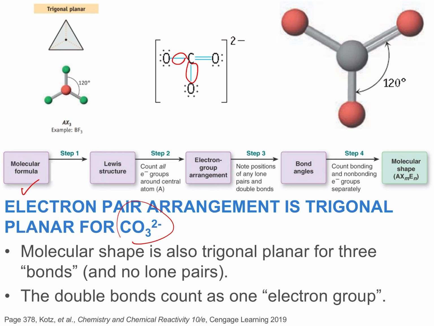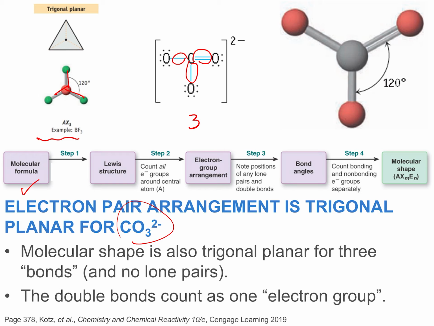We've got 1, 2, 3. Again, the double bond counts as just one group. So we have three electron groups. That means 3 means trigonal planar. It's a planar molecule, and the bonds are 120 degrees apart. That's what this looks like.